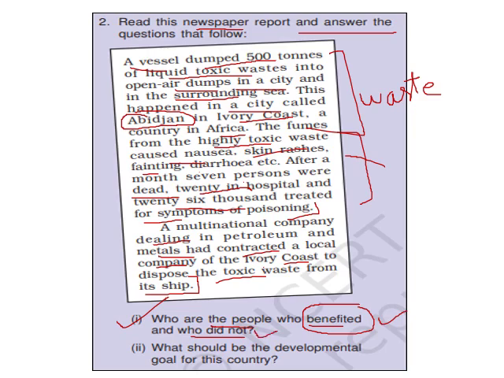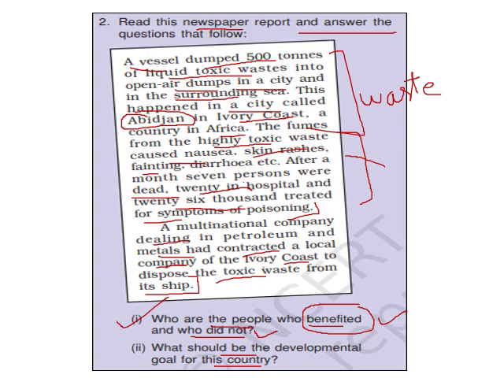What should be the development goal for this country? Now, for this country as a whole, the development goal is something which is to be taken care of when it takes into consideration the goal of the company as well as of the people. But the goal of the company is not right, because it is not always the profit which is associated with any country, it is also the quality of life, quality of health, quality of education of the local people living in a particular country.